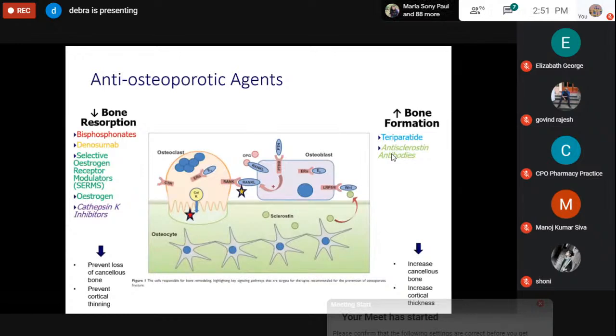As you can see here, the yellow stars show you where the denosumab is working. The selective estrogen receptor modulators, or SERMs, again, you can see where they are working on that graphic. Newer agents, which we're not widely using yet, are depicted here on this graphic.